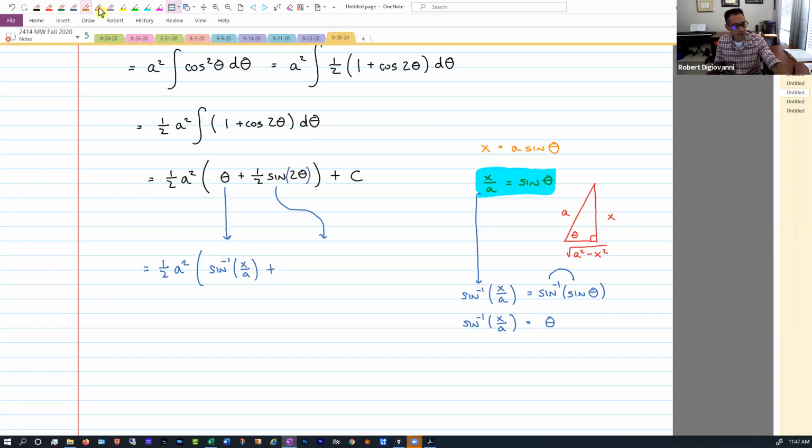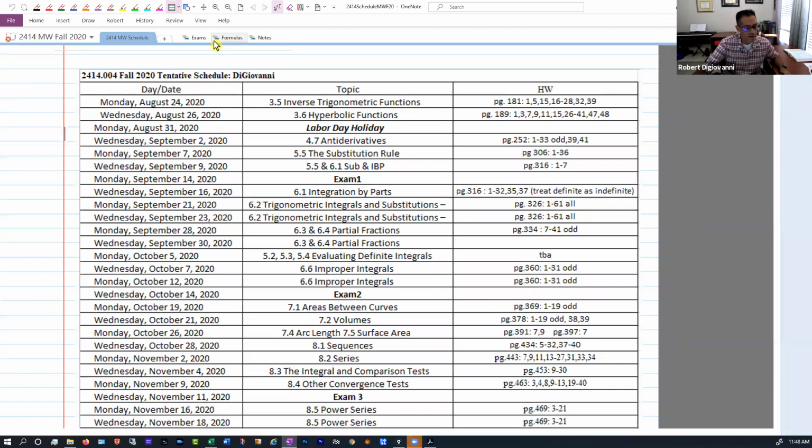So you have to look at this expression, sine of 2 theta, and go back to pre-cal and think about, is there a formula that allows us to take sine of 2 theta and rewrite it in terms of theta and not 2 theta? And we do have one.